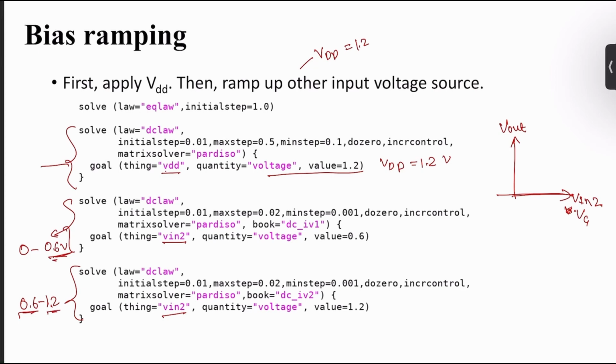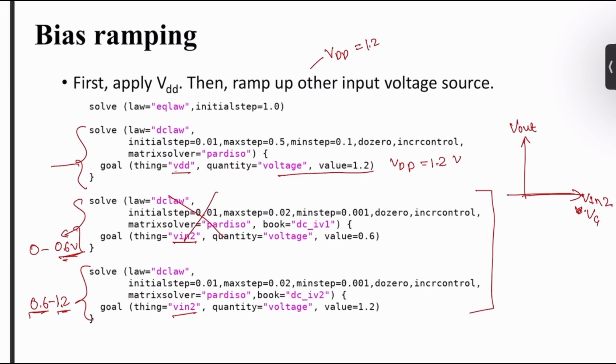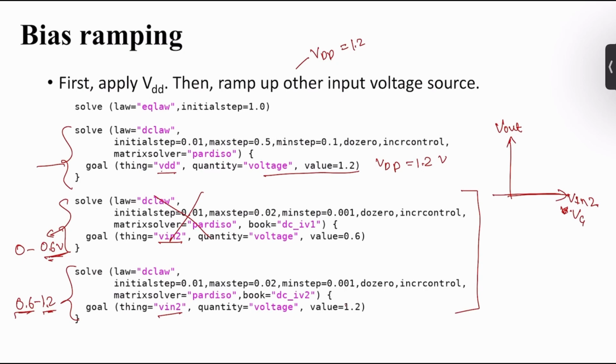I did this because I had a problem: if I combine these, delete this line of code and directly compute this line, there is some error. So I made two intervals: instead of running the G device from 0 to 1.2 at once, it runs first from 0 to 0.6, and then from 0.6 to 1.2.